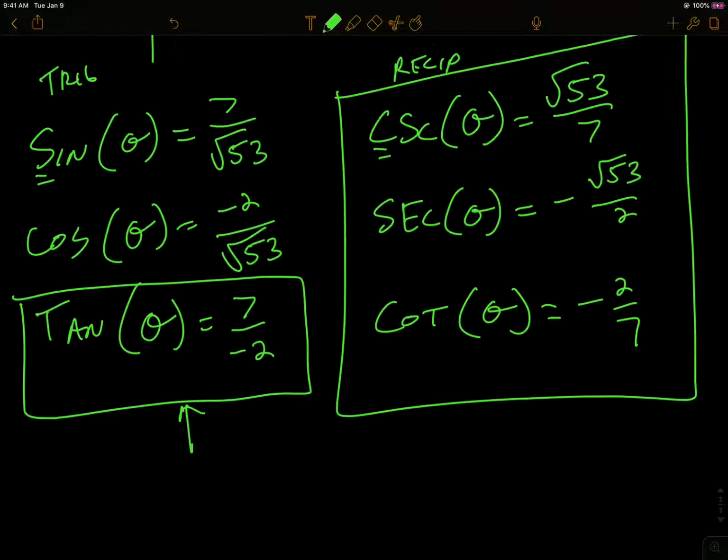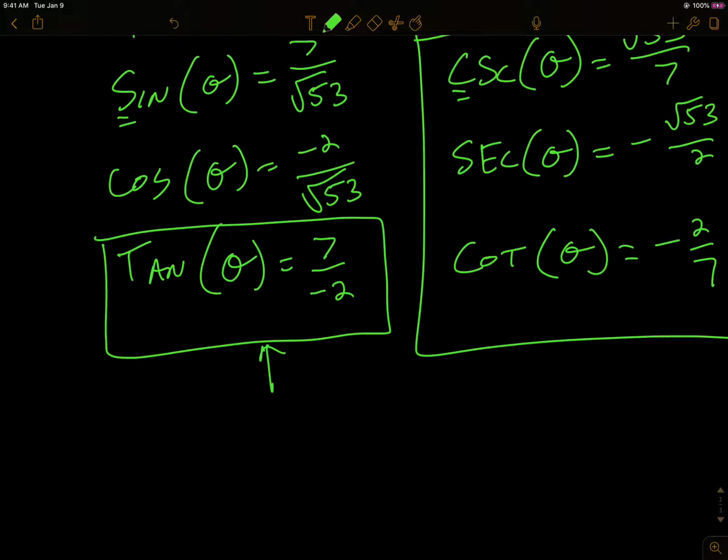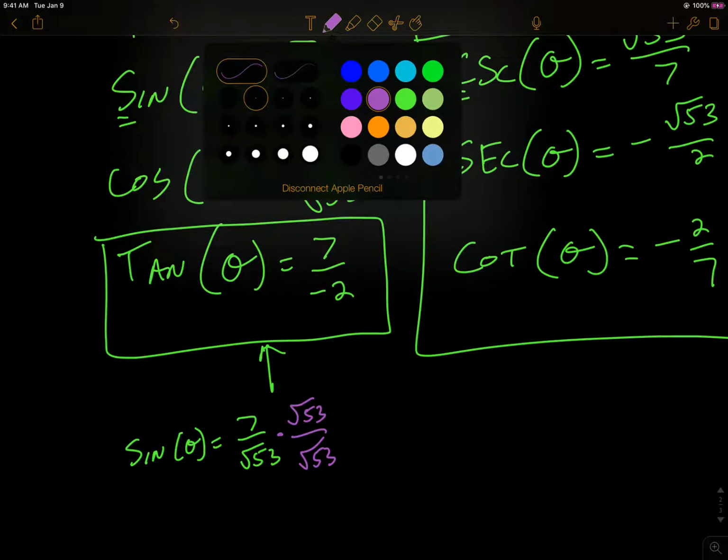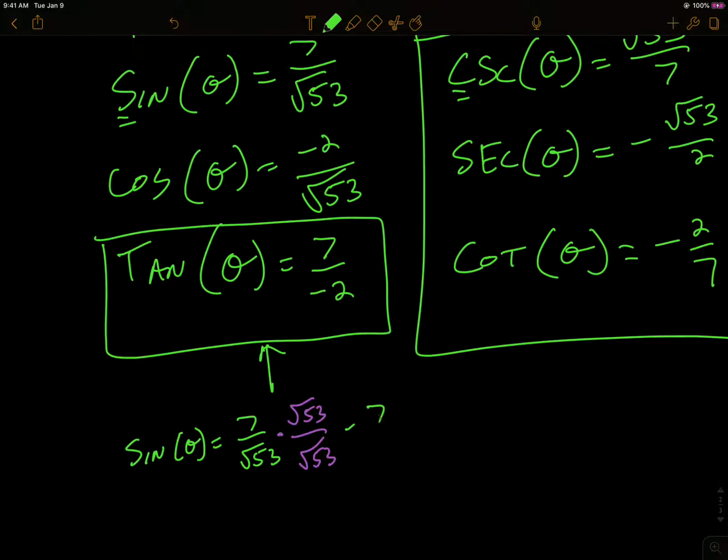What's wrong with sine and cosine? We can't have roots in the denominator. So sine of theta equaling 7 over root 53 needs to be rationalized. So I can multiply the top and the bottom by root 53. And I get 7 root 53 over just 53.